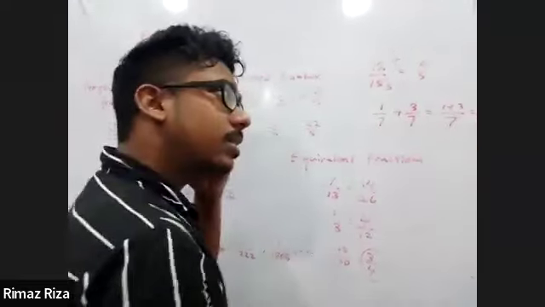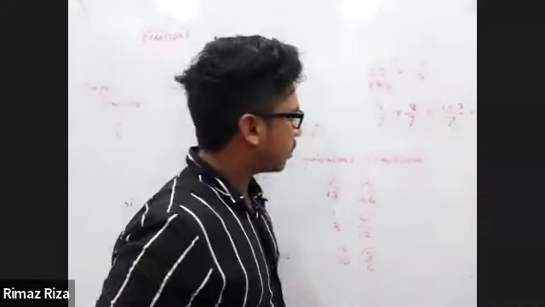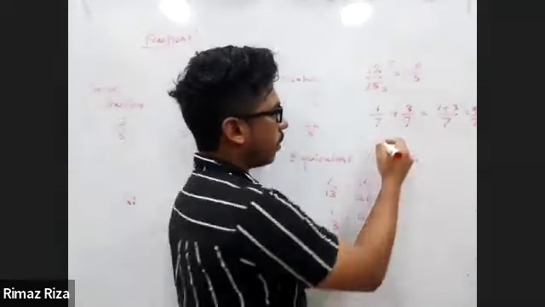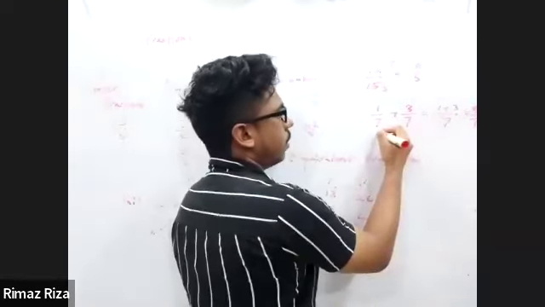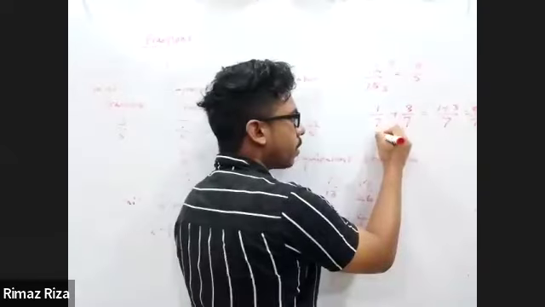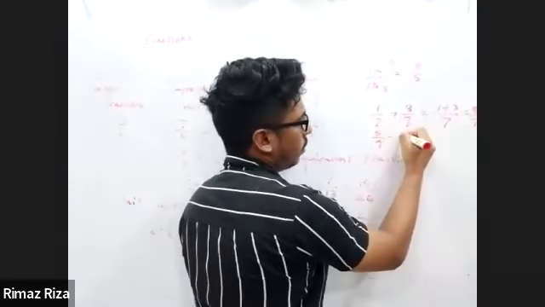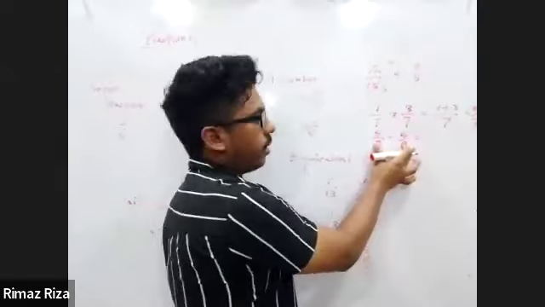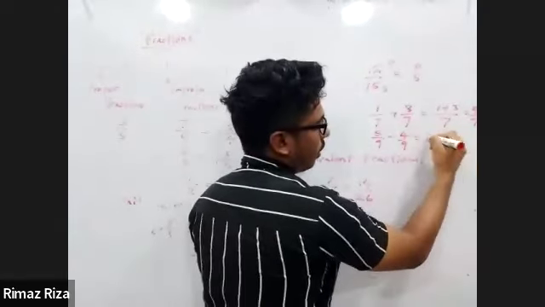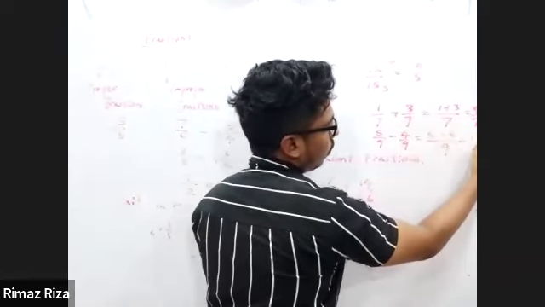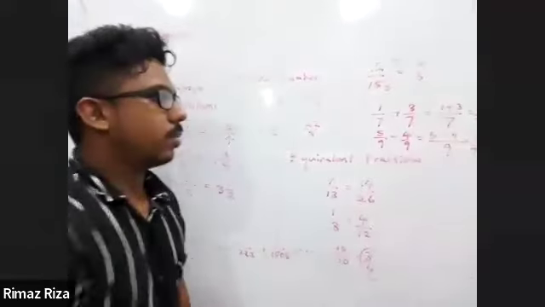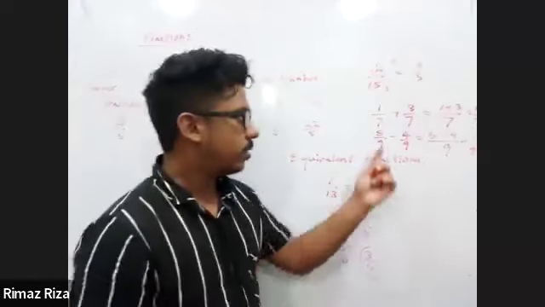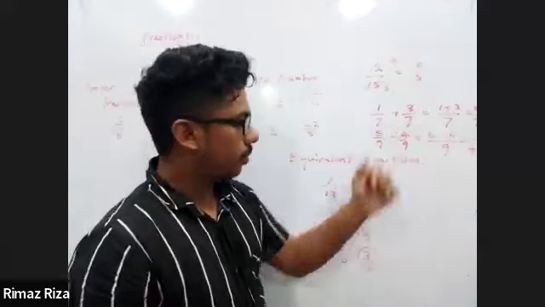So such additions or subtractions are easy. Now I'll take one example from subtraction. 5 over 9 minus 4 over 9. Again, the common denominator is 9. So 5 minus 4, we get 1 over 9. Such addition and subtraction is easy because the denominator is the same.